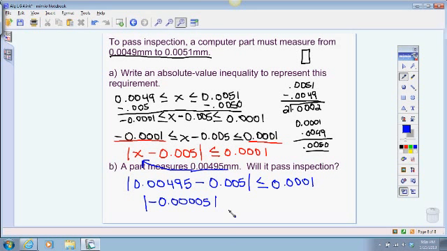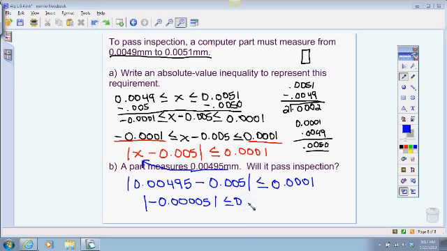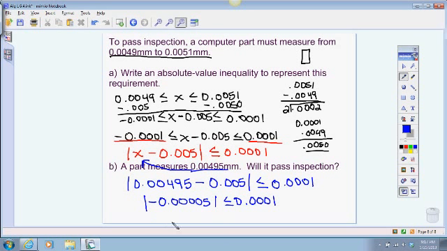Now, is the absolute value of that less than or equal to our margin of error here? I apologize that I'm writing so sloppy. Is this number, the absolute value, so the positive of this, less than or equal to 0.0001?